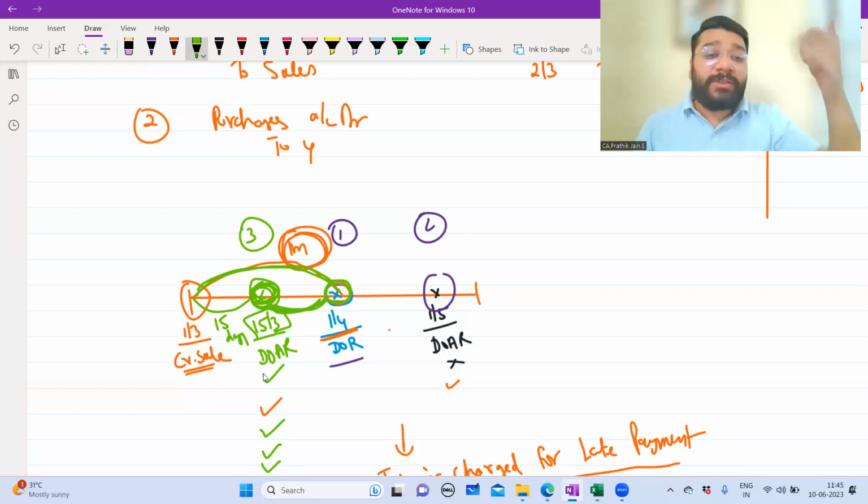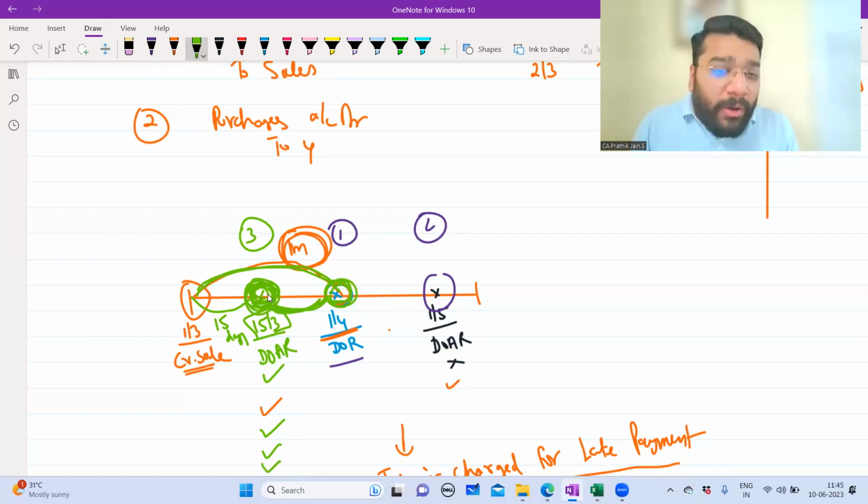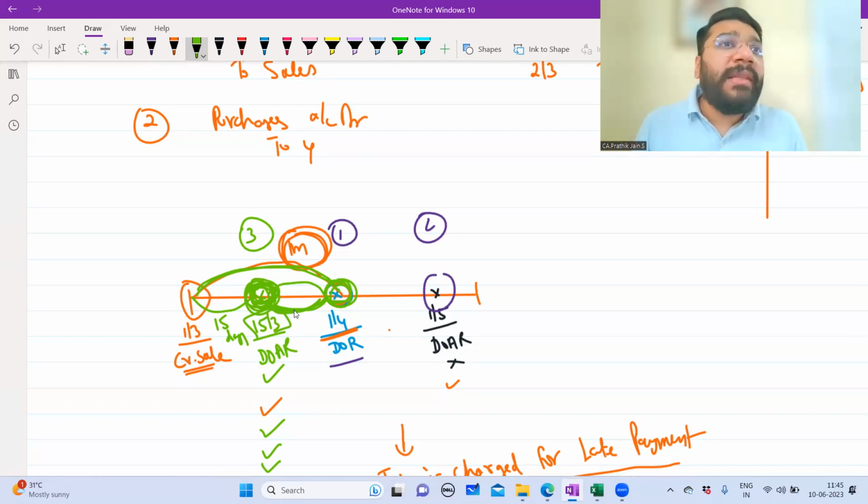Y is saying, see boss, till 1/4 you're okay if I make the payment. I have the money here ready. So if you don't pay me the interest, I will go and deposit this money in the bank, and the bank will give me interest at the rate of 7% per annum. If you're willing to give me that interest, I will give you the entire lump amount today itself.